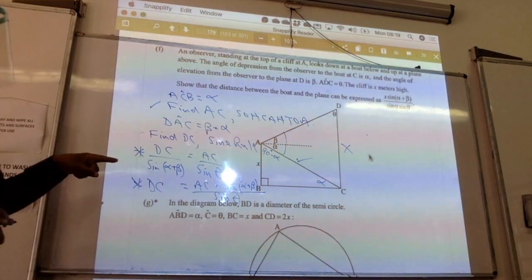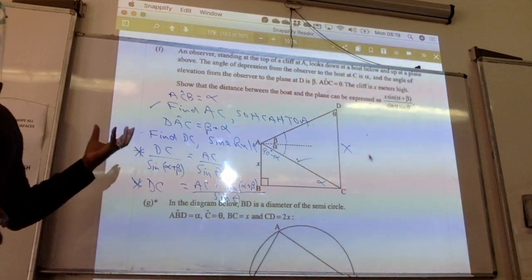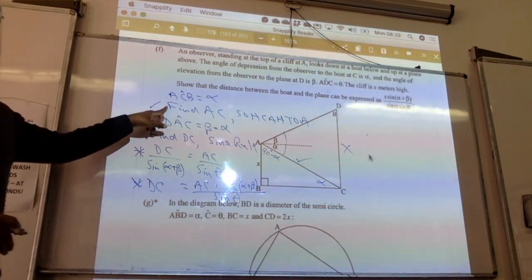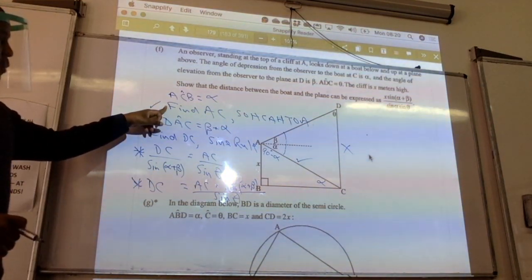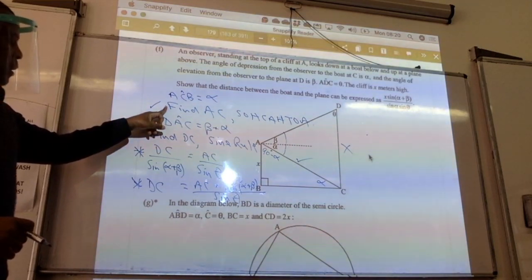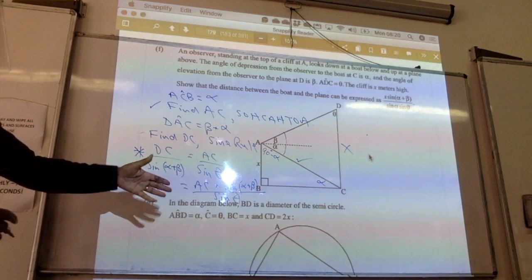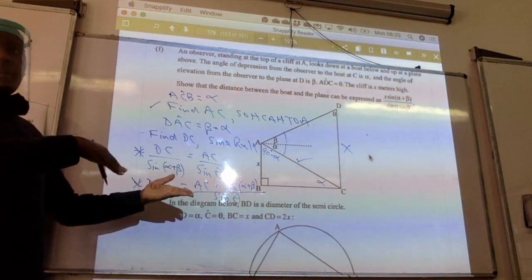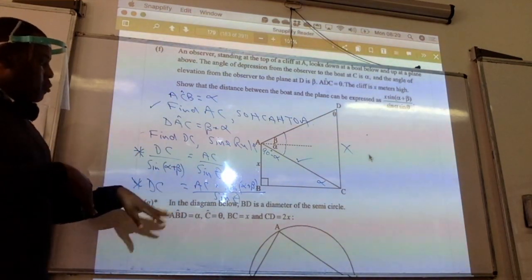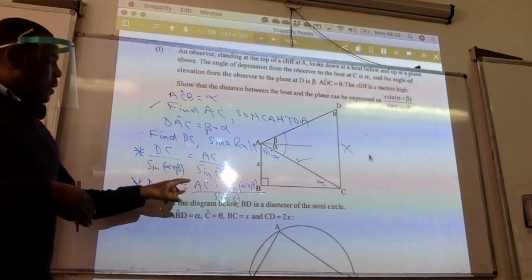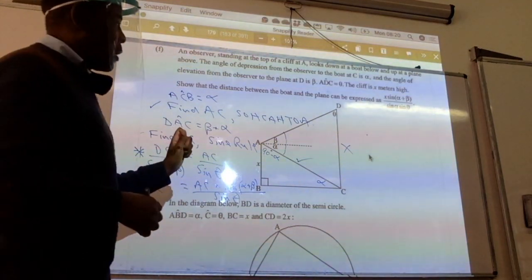You obviously need to now work out AC using what you said here. We said we can use SOHCAHTOA, right? Yes. We can use SOHCAHTOA to find AC, and then DC will be easy to get. So now let's look for AC. You could find AC first, that is fine, and then continue to work out DC. Right, so how do we find AC? Give me your equation again, Shane.